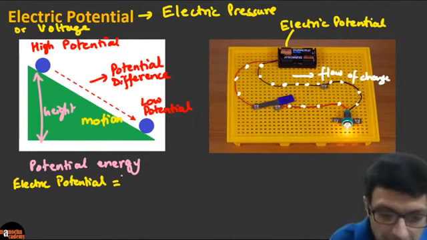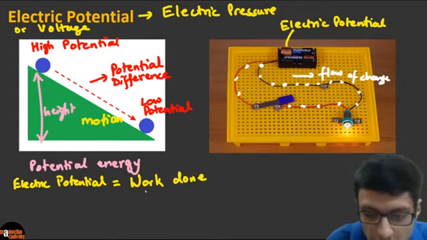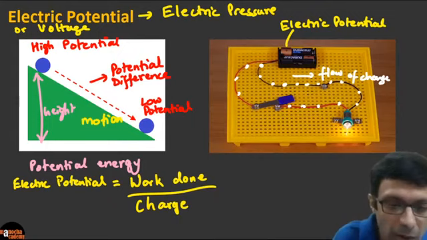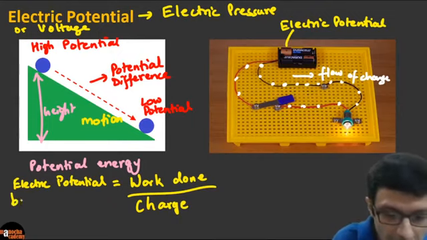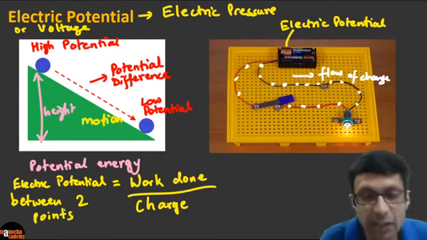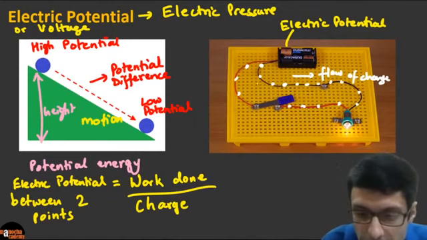It is defined as the work done per unit charge. So what does that mean? The formula is electric potential between 2 points. Let's write that here, between 2 points, is defined as the work done by charge. So 2 points means any 2 points you're considering in the circuit.